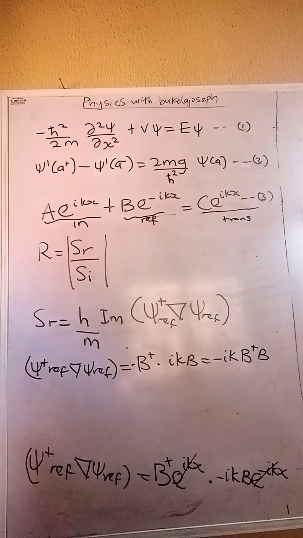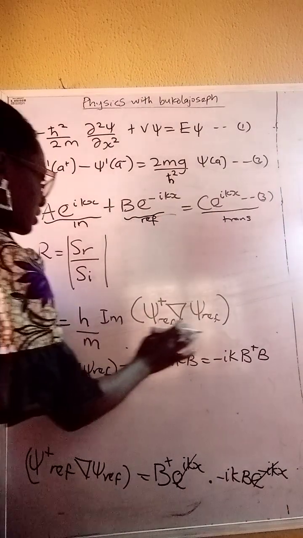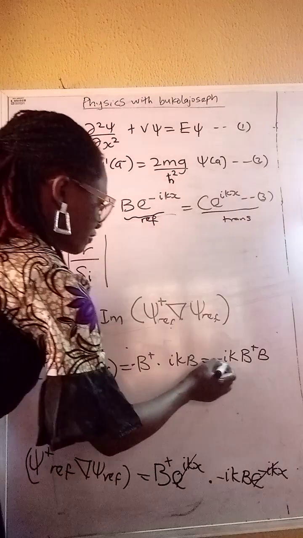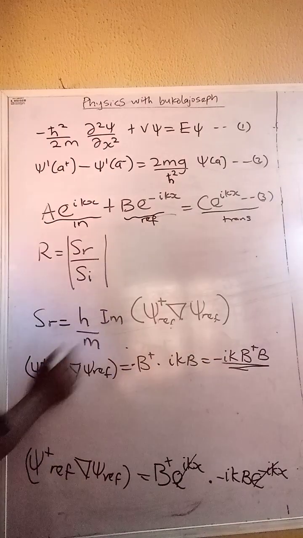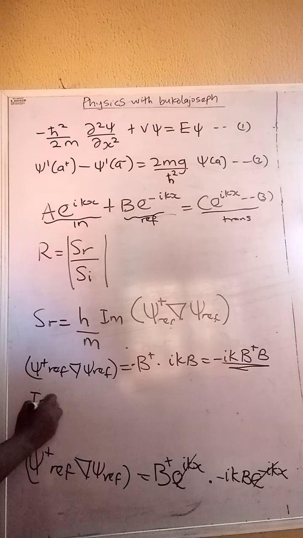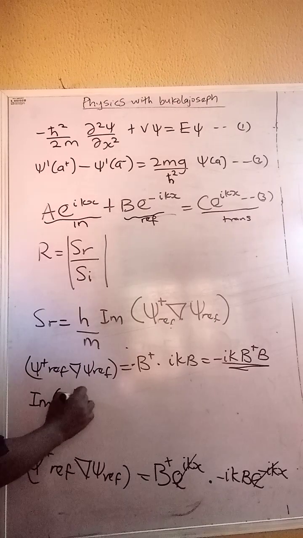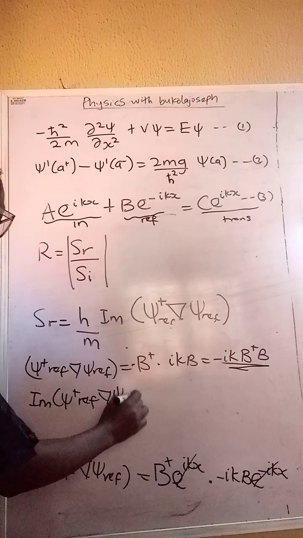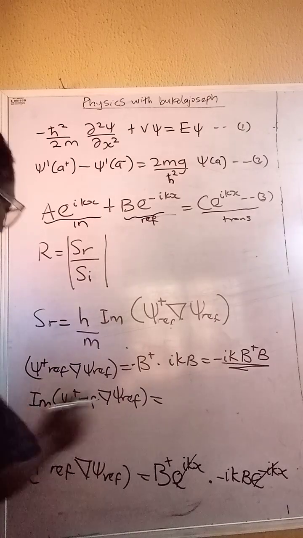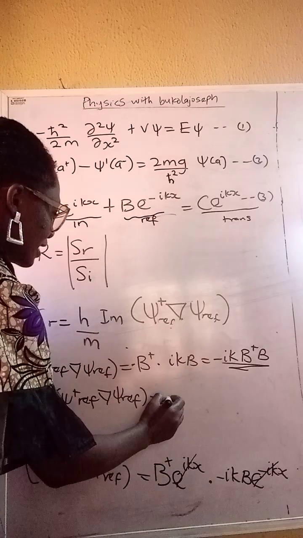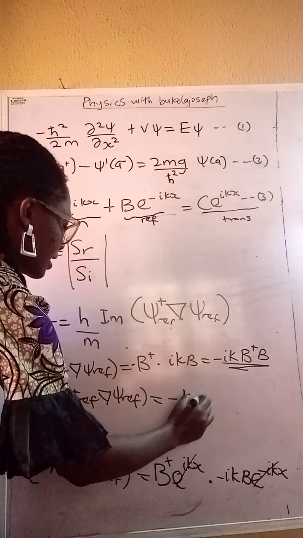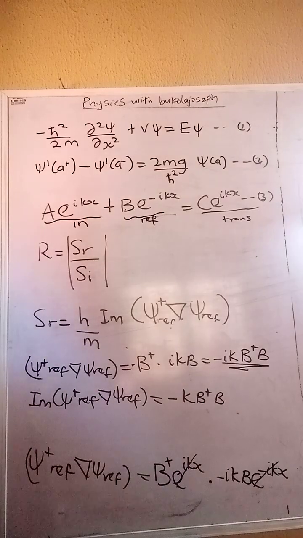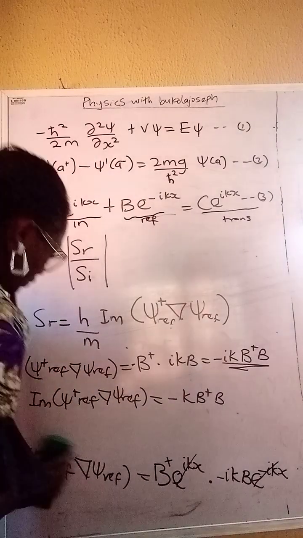Okay, so now we are done with this bracket. Let's add this. If you add this, this one becomes im psi, and this i will cancel this i, and then we'll be left with minus k b dagger b. Is that okay?